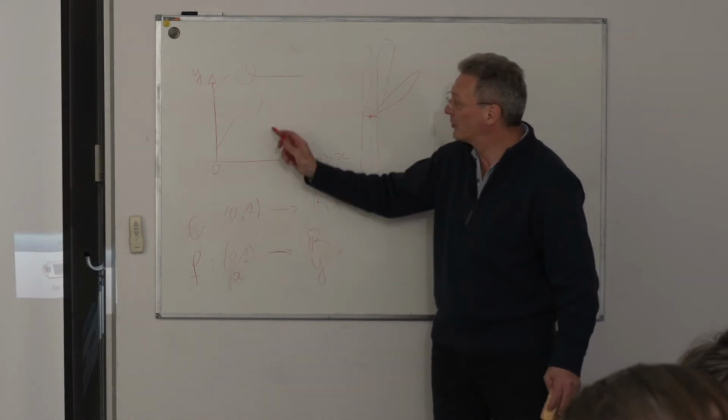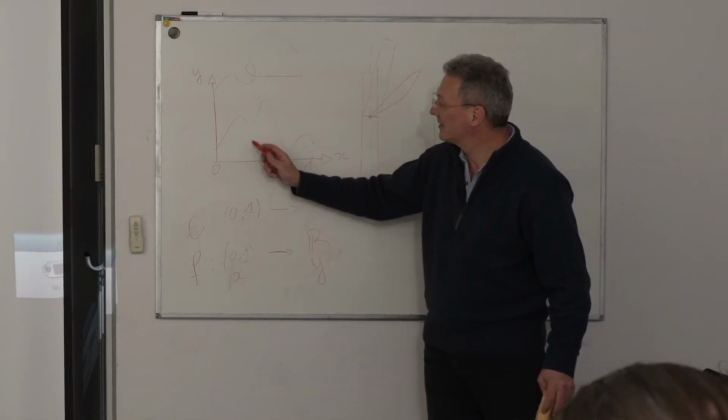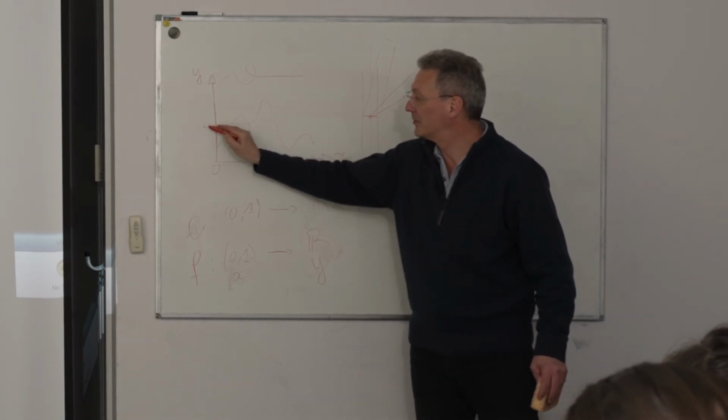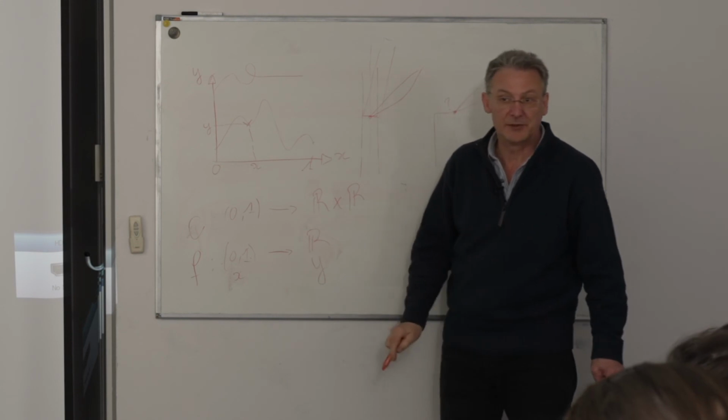So if I want to have a point, I need to take an x, and then take the value of y, and I have a point in the 2D space.